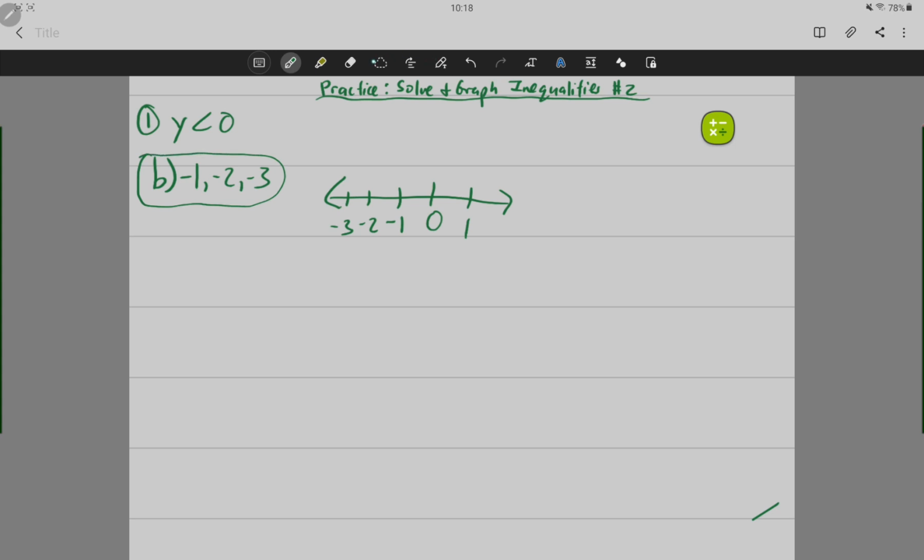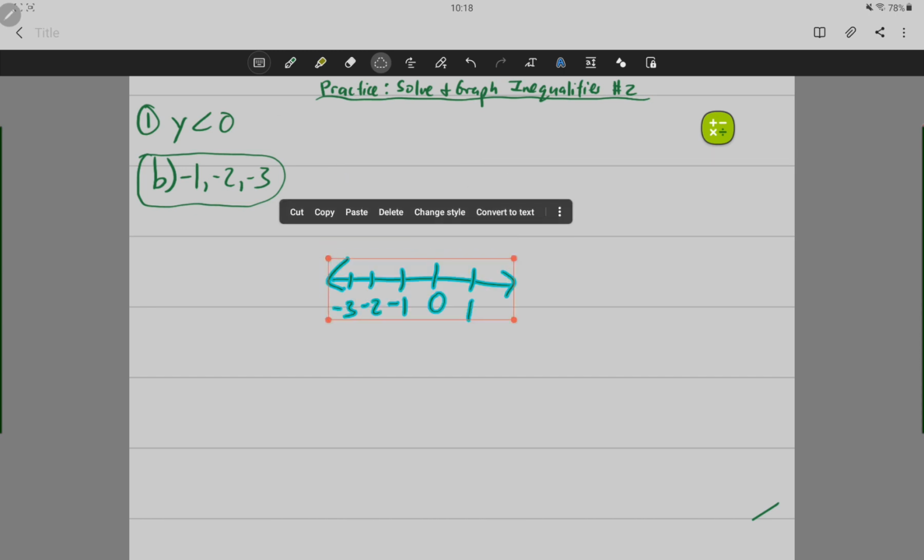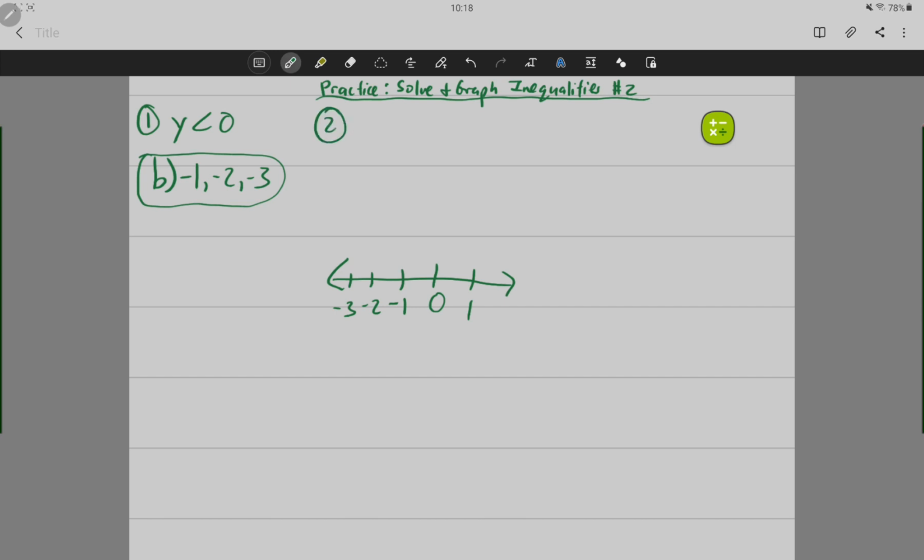Okay, again, just keep the number line in mind when you're doing these types of problems. Okay, number 2. List the first 3 integers that satisfy this inequality. This one is g is less than or equal to negative 7. So let's just keep the number line, erase the numbers.